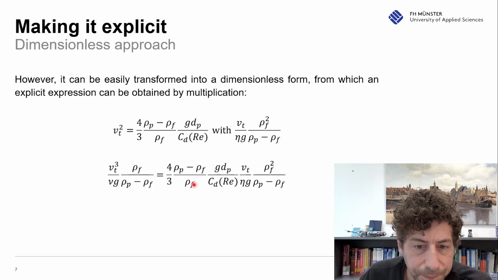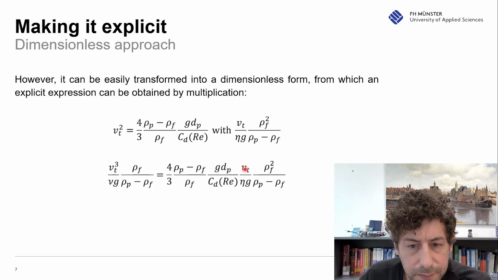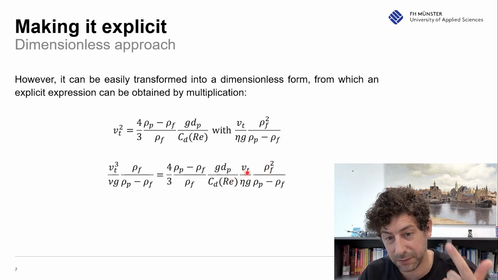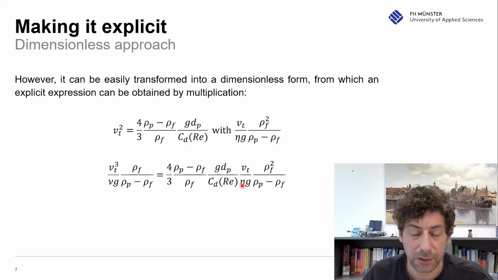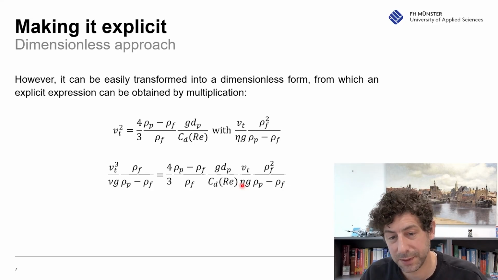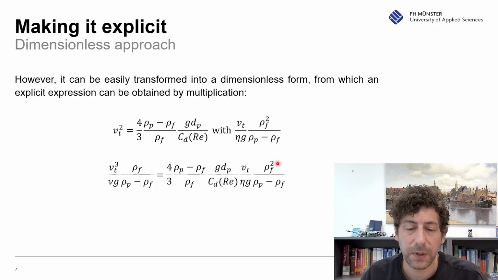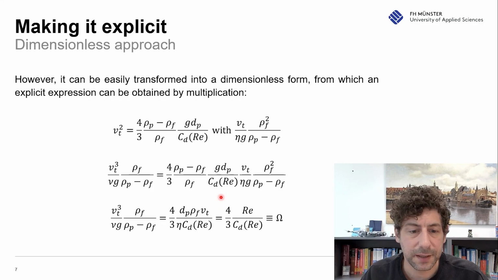And then we have now a d, we have a velocity, we have density squared divided by density, so just one density, so we have d particle size, velocity, density, and a dynamic viscosity, so we have the Reynolds number, right? So we can simplify this expression very easily.